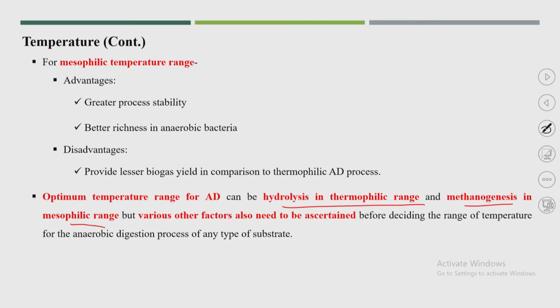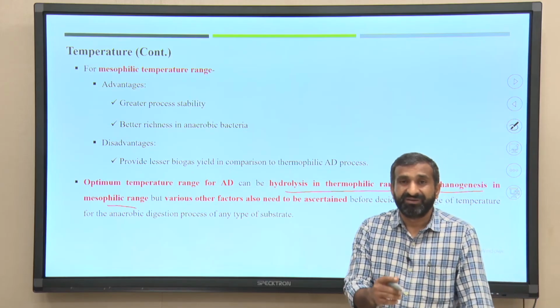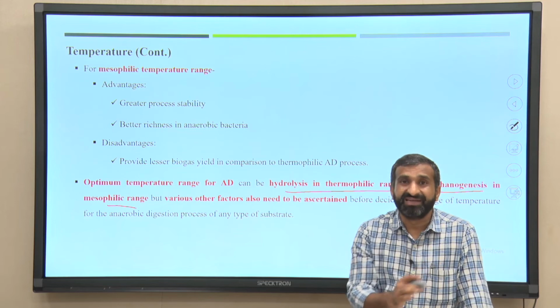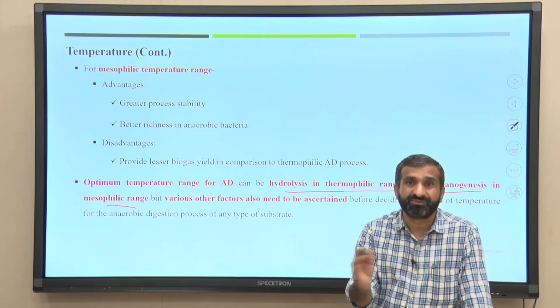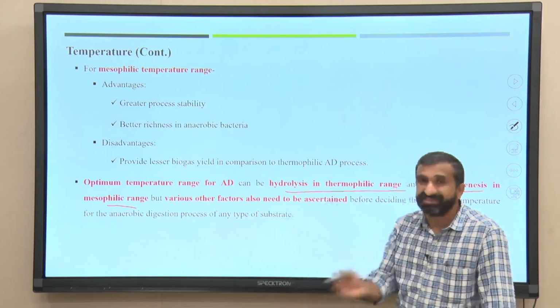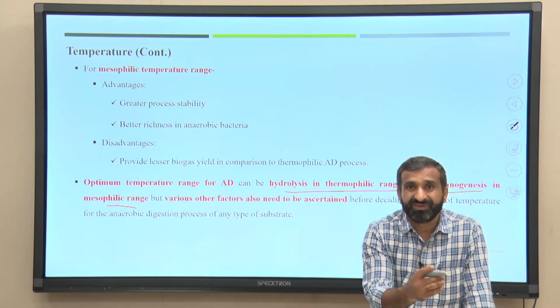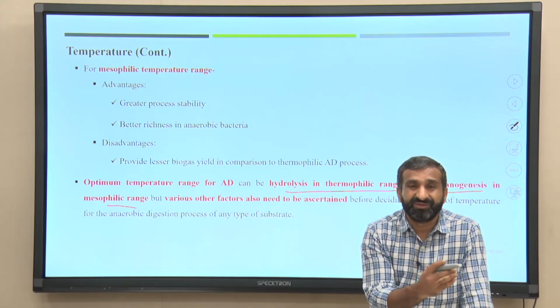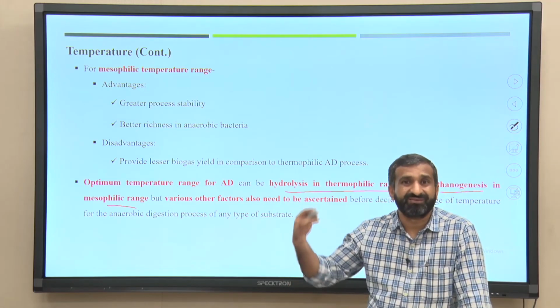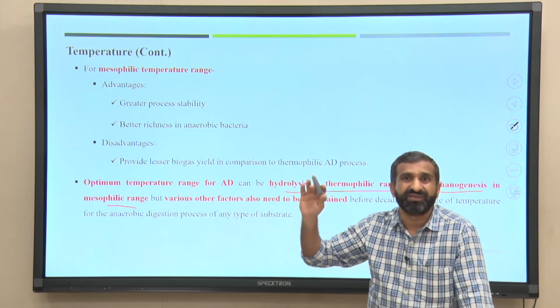So, many times, like I explained about the mechanical grinding, that is a hydrolysis process or pretreatment process. In this case, what it suggests is to increase the temperature for the hydrolysis process, followed by the anaerobic digestion process at mesophilic temperature only.